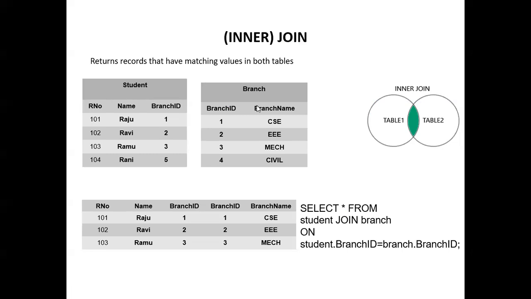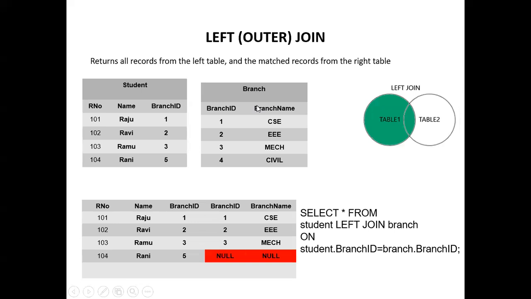Now let us go with the left outer join, or simply left join. Here we are going to combine the tables student and branch. I have given the Venn diagram for left join or left outer join.